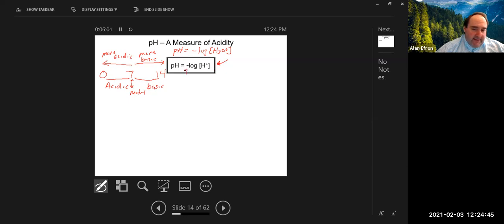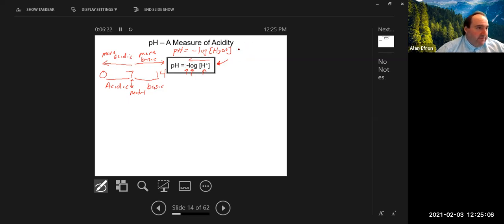You hit the negative button, not the subtract, then the log button, then you type in your concentration using the exponent button. If you have a non-display calculator, you need to go backwards, which means you start with the number, hit the log, and then hit the negative.